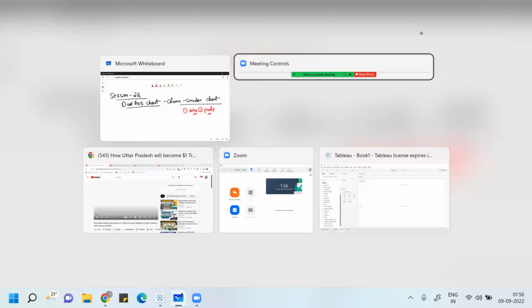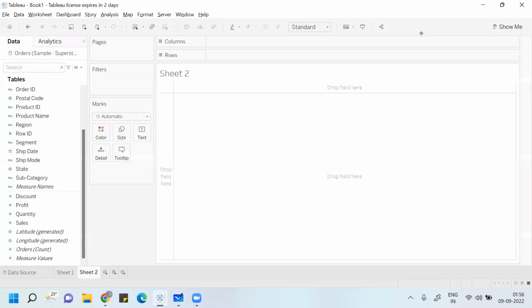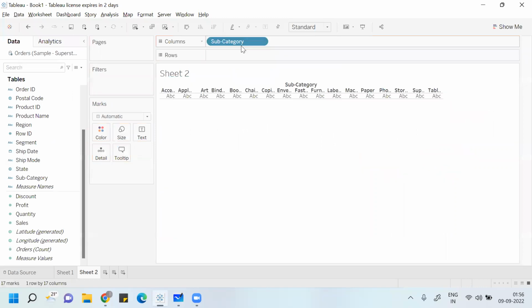So here, when it comes to our analysis in Tableau, again, what I'll take in column, I'll take subcategory as my column. Subcategory, you can see it is mainly string data type. Okay, and if you observe this color, it's a blue color.